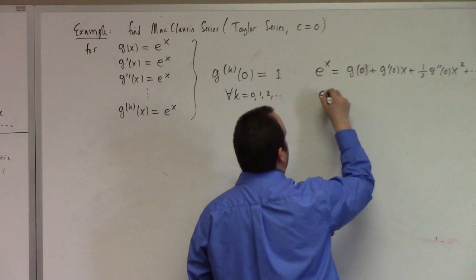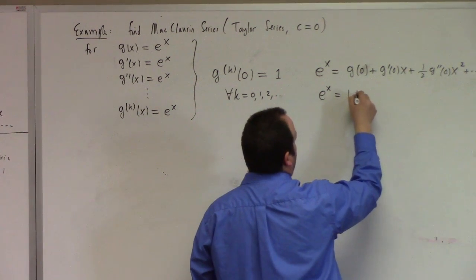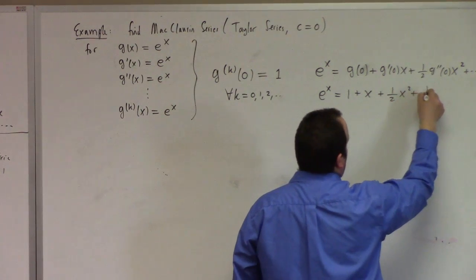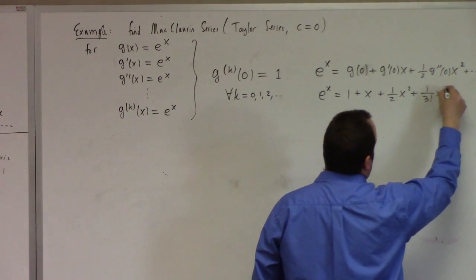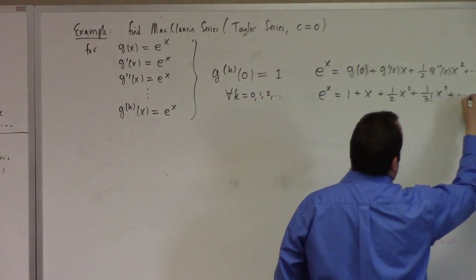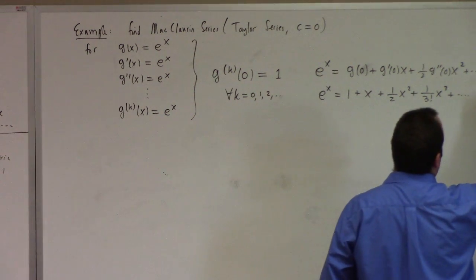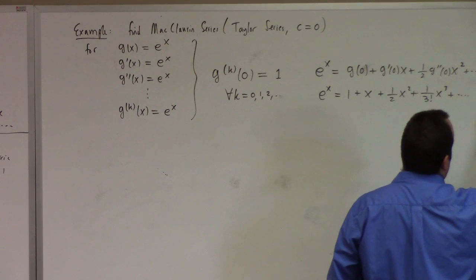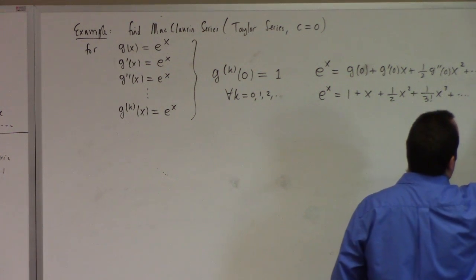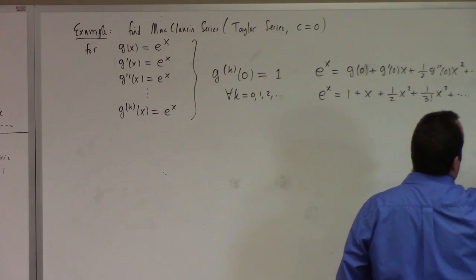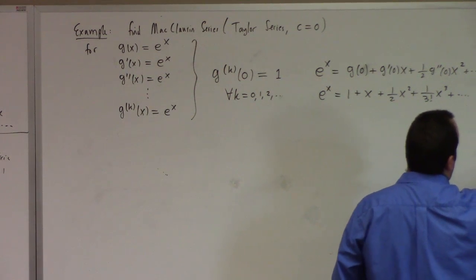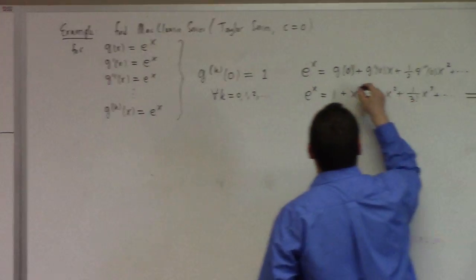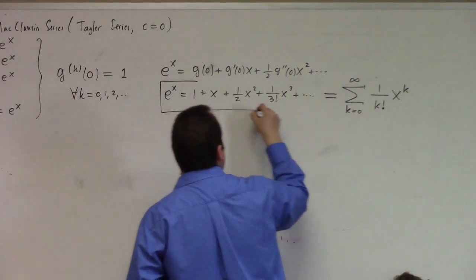So what we get is that e to the x is equal to 1 plus x plus 1/2 x squared plus 1 over 3 factorial x cubed, and so forth and so on. Now, let me write that in terms of its sigma notation. Sum k equals 0 to infinity of 1 over k factorial x to the k. So there you go. That's the Maclaurin series for the exponential.